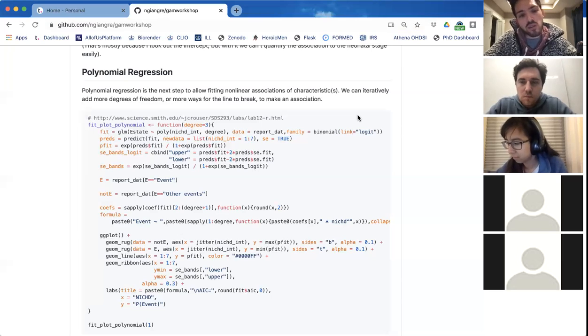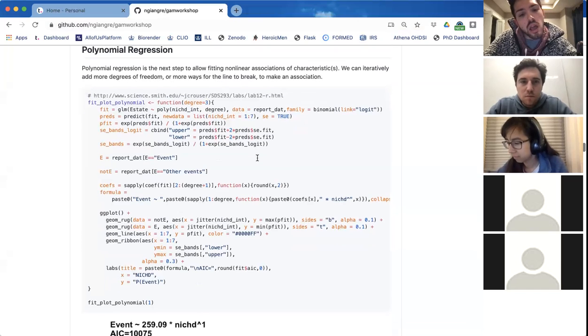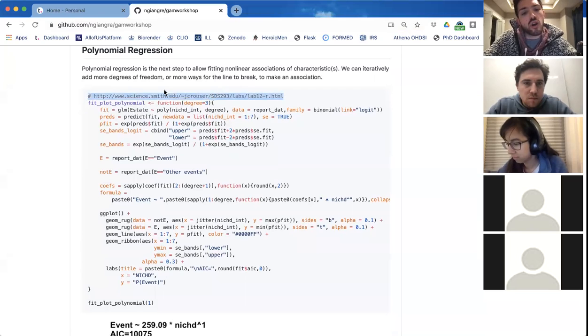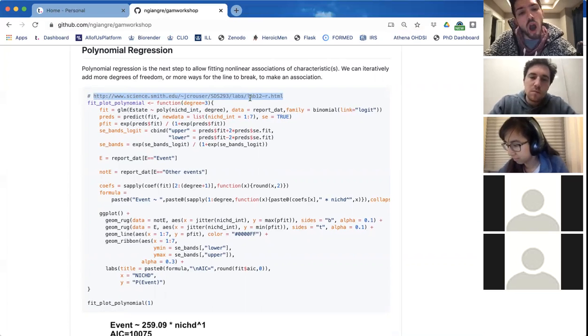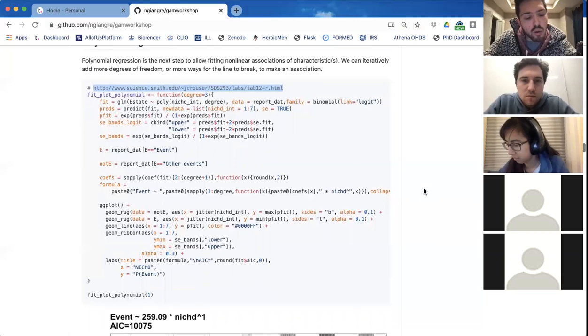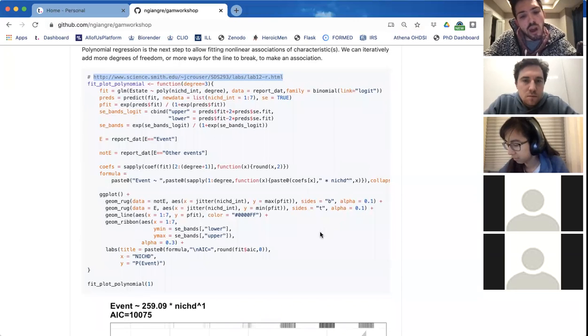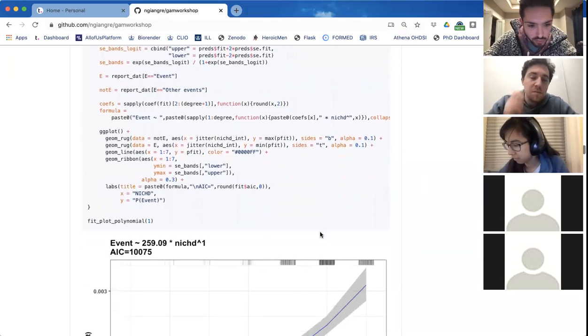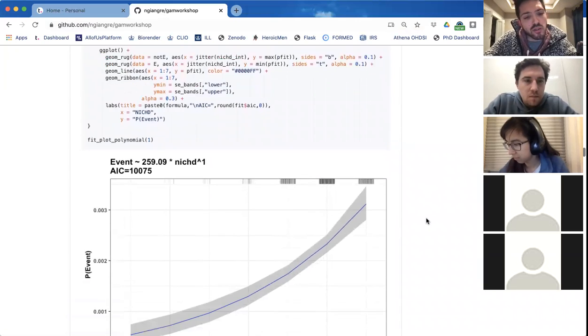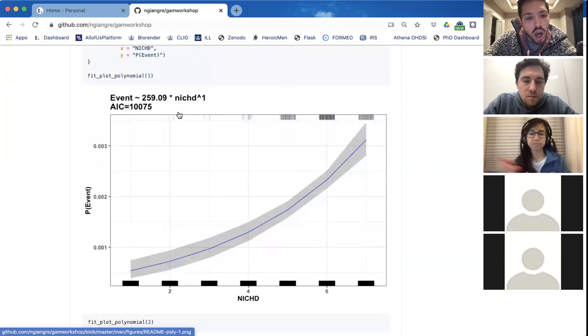So again, I made a function. I took a lot of the function from a course online, but I modified it a little bit. This is what the equation looks like.